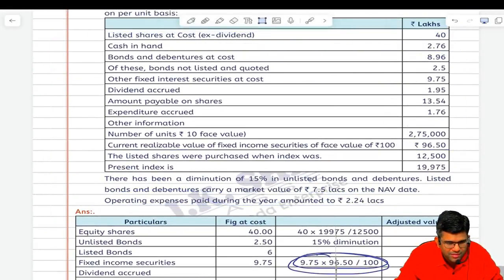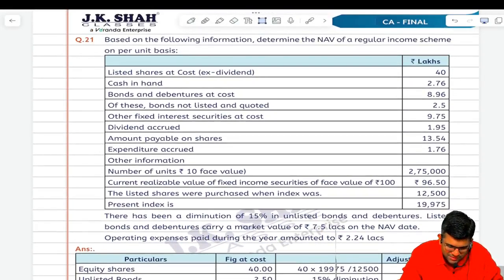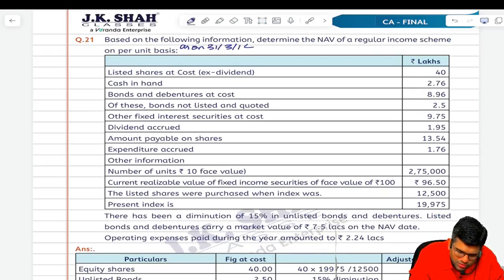In the information they wrote, based on the following information as on 31/3/2014, determine the NPV. Basically they gave you a date, that this is the closing date, 31/3/2014. Can I say that date doesn't matter? You just normally do the calculation.